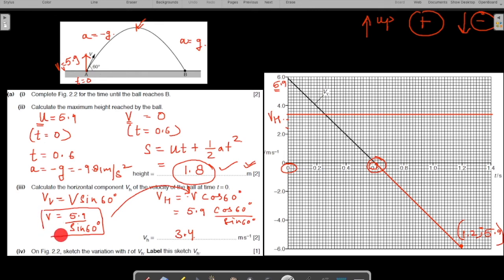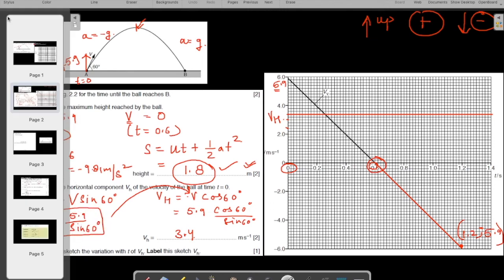This is your V. If you solve it, you'll find that the value of V is 5.9 over, let me copy this, this is your V, right? 5.9 over sine 60.